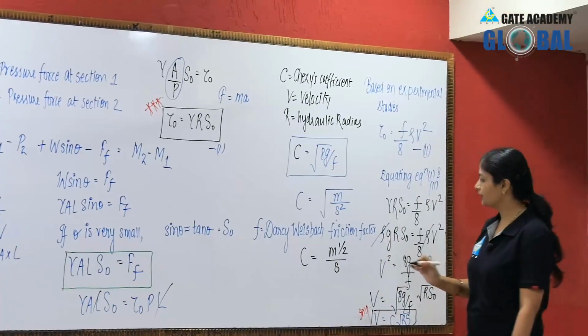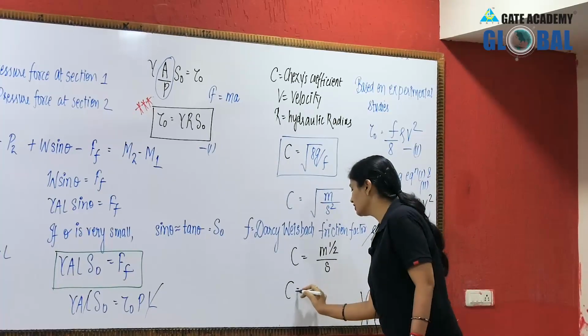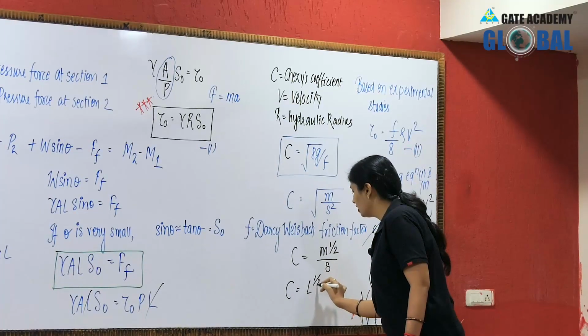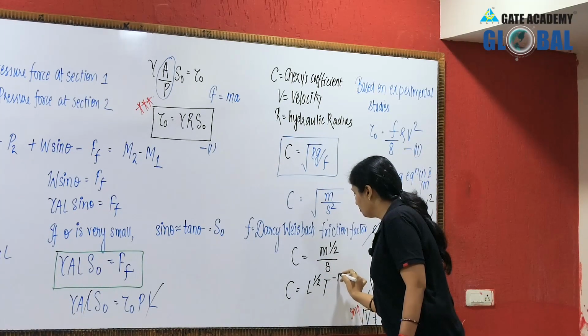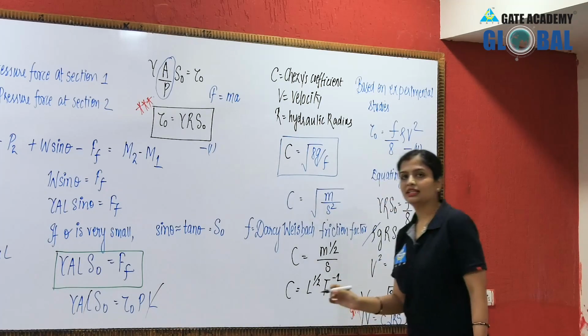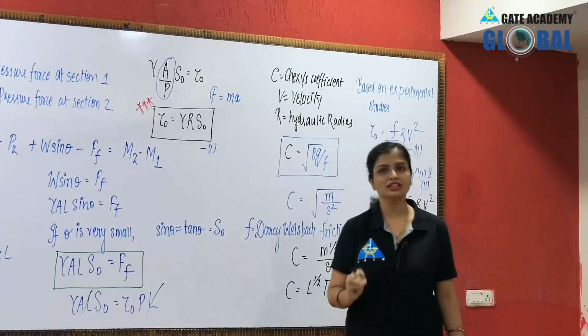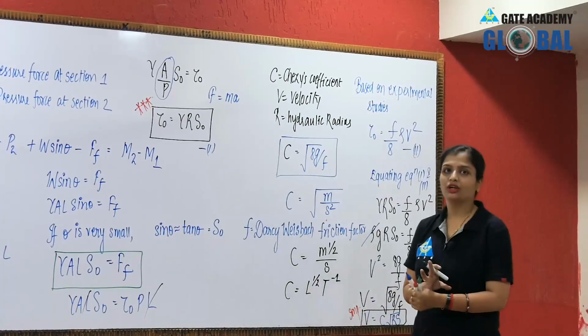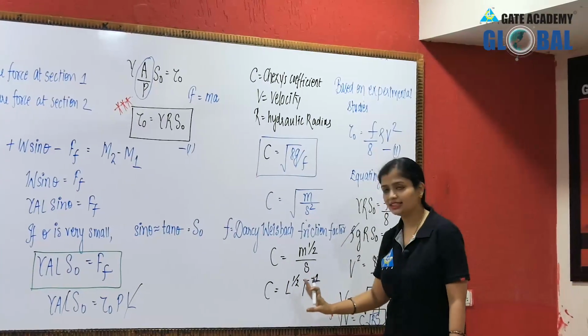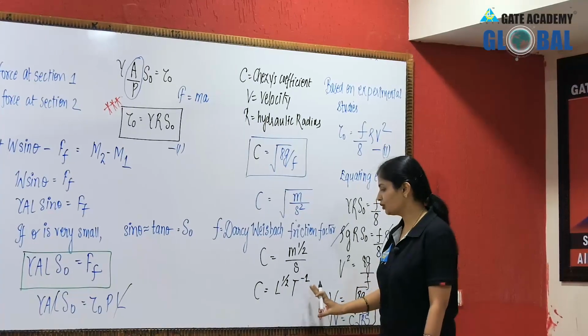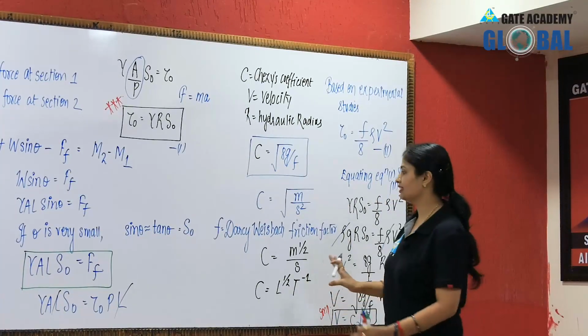What you will get? You will get the dimensional analysis of C as L to the power half T to the power minus 1. This is the dimensional analysis. If somebody asks you what is the dimension of Chezy's coefficient, that is L to the power half T to the power minus 1. This is very simple.